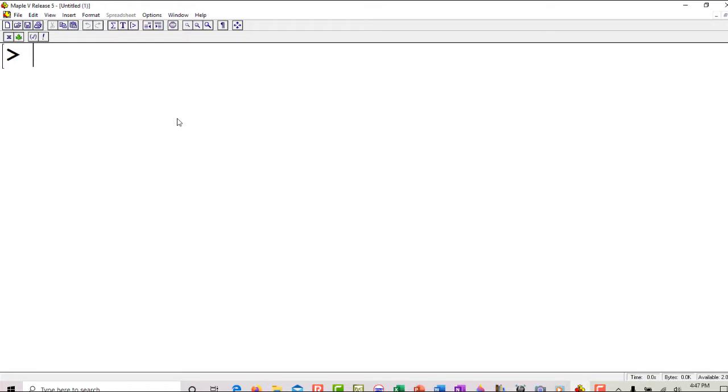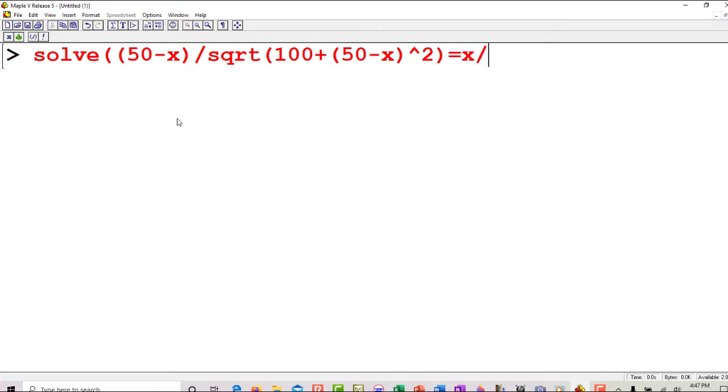I thought I'd show you how to use a computer algebra system like Maple to solve this. We're going to solve, let's see, what was it? 50 minus x divided by the square root of 100 plus the quantity 50 minus x quantity squared equals x divided by 4 times the square root of 400 plus x squared.